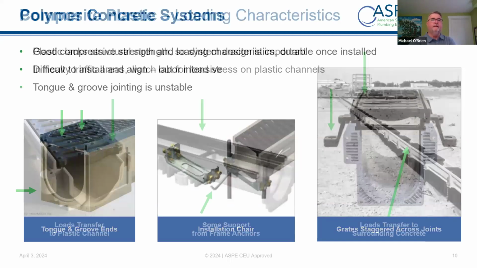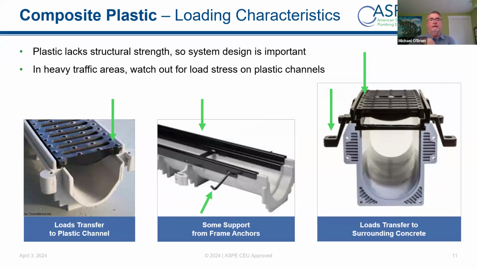So the composite plastic was designed in such a way that the plastic doesn't take any of the structural load. There's a cast iron frame that's leveled and supported fully with the concrete, and then the plastic fastens up into it to keep it in place.